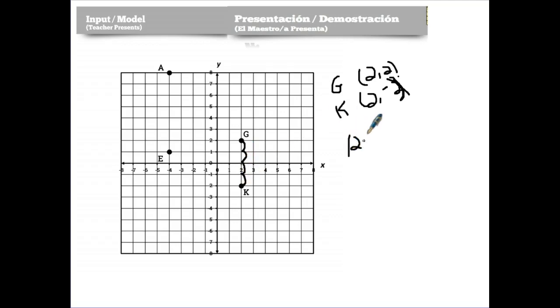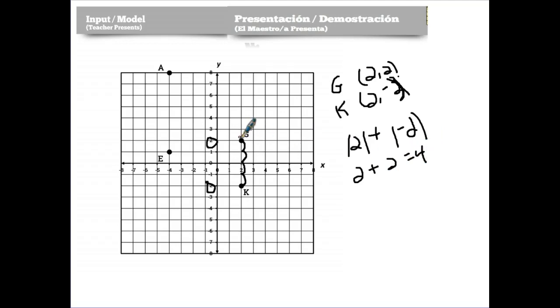I'm now going to use the absolute value of my y coordinates, and I need the absolute value of 2 and the absolute value of -2. Okay, this is what I'm graphing here, the distance from here to here. And the absolute value of 2 is 2. The absolute value of -2 is 2. 2 plus 2 equals 4.